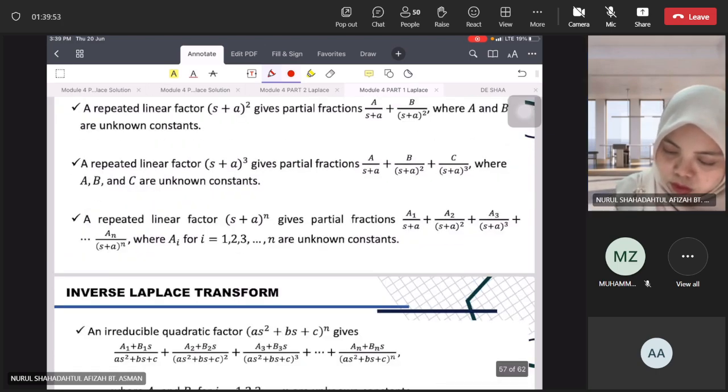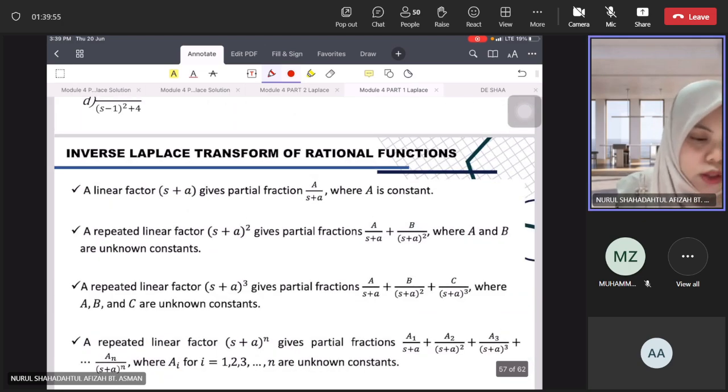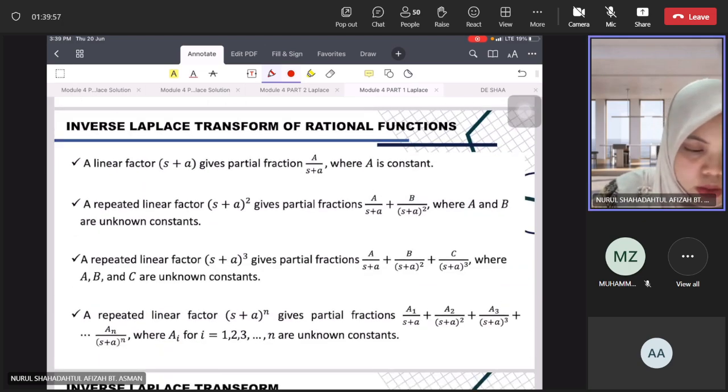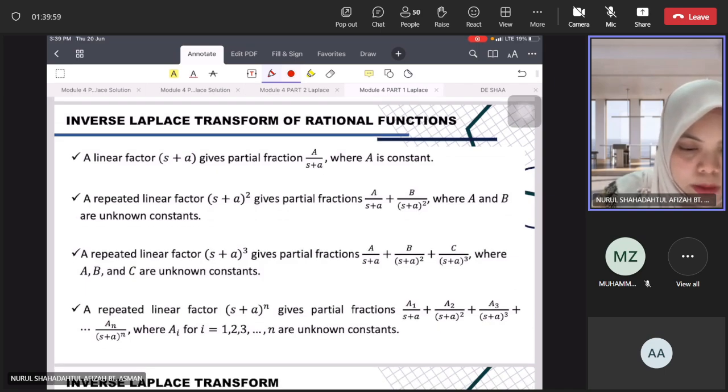Have 5 pages. Okay, and the next subtopic is inverse Laplace transform of rational function. So if a linear factor s plus a gives a partial fraction, which is A over s plus a, where A is a constant.